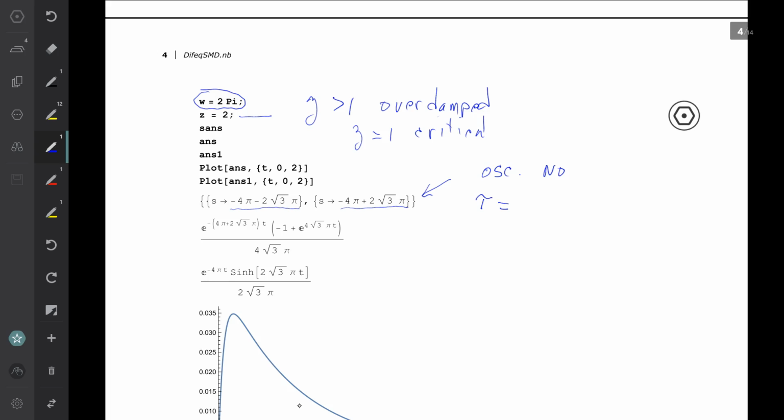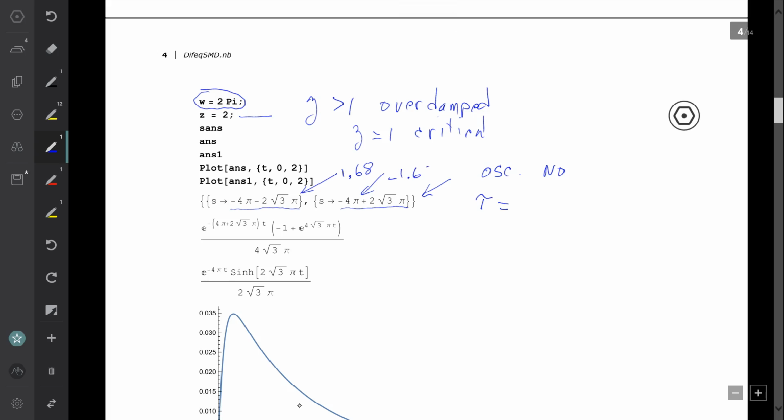So one of them, 4 pi minus 2 root 3 pi, is minus 1.68.